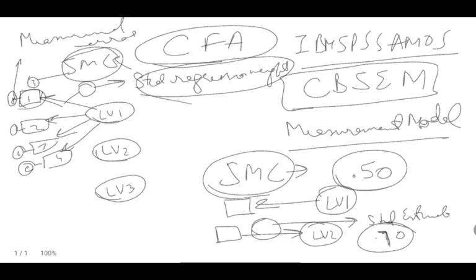Why 0.50? It means at least 50% of the variance in the indicator is explained by the latent variable.